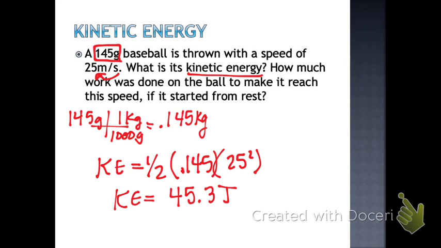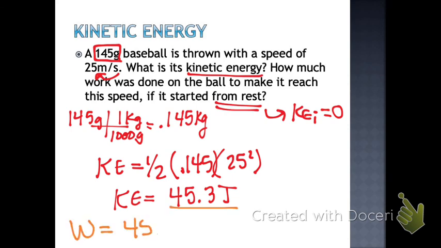If it's starting from rest, what does that mean its initial kinetic energy is? It's 0. So to find the work done, I take final kinetic energy, 45.3 minus 0, and that means my work is equal to 45.3 joules also.